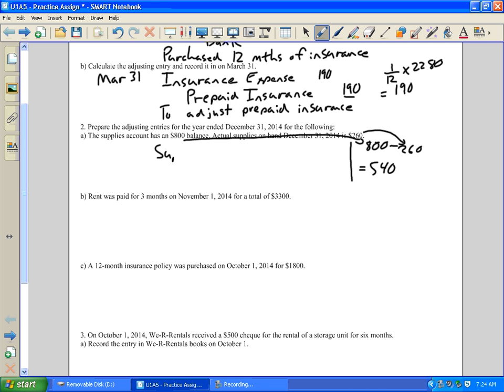So to do that, we'll debit supplies expense for $540 because we used that amount up of supplies. And we'll credit supplies because we have to reduce that account by $540.